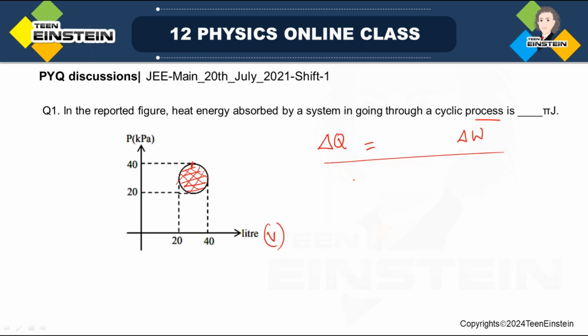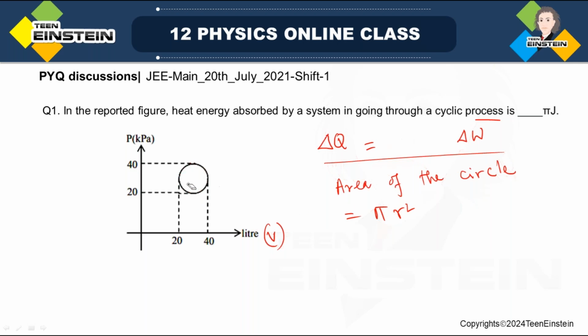So what is the area of the circle? We know the area of a circle is pi r square, right? Pi r square.